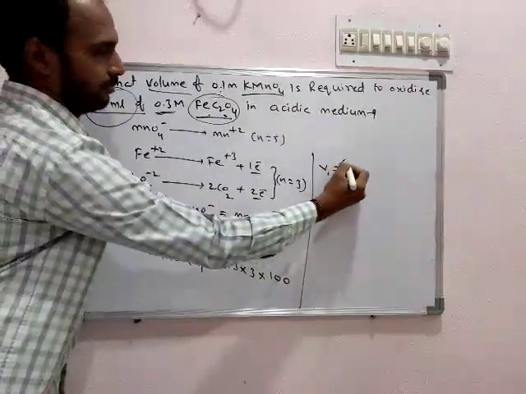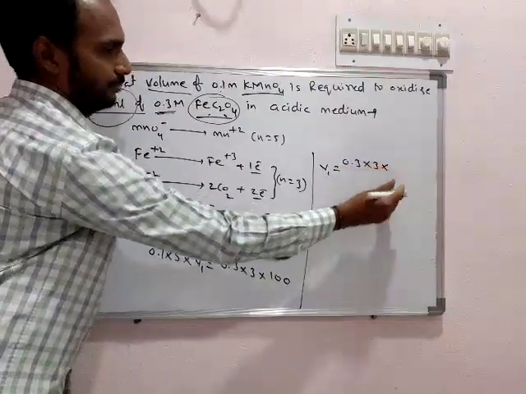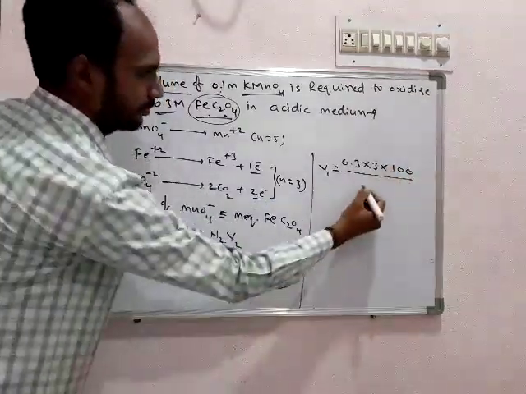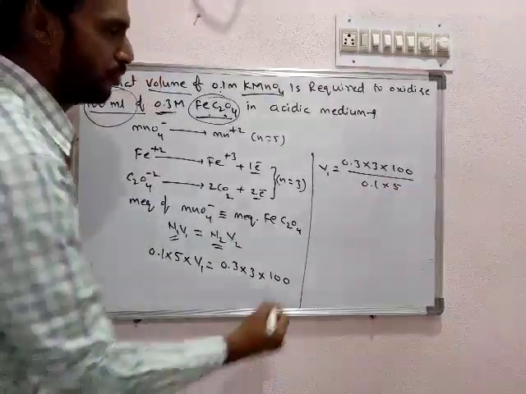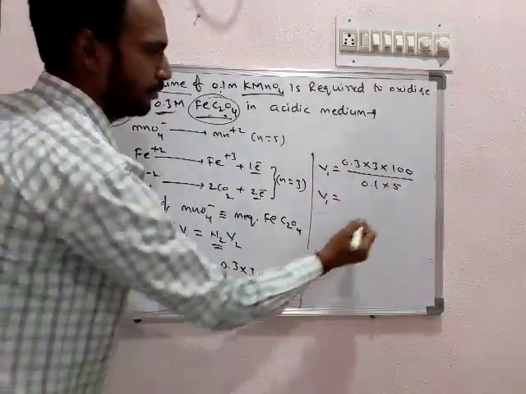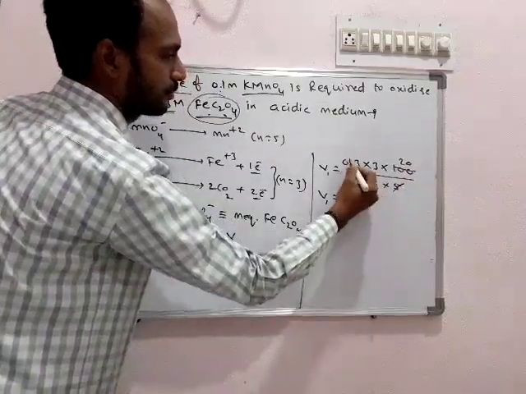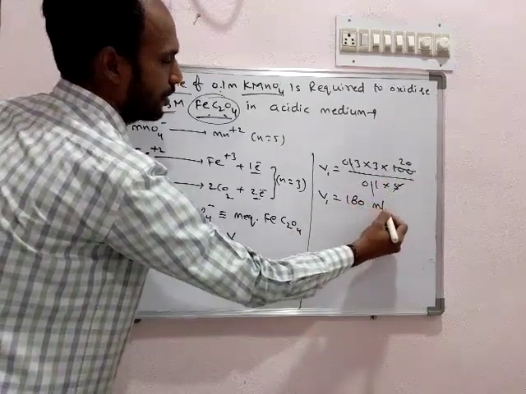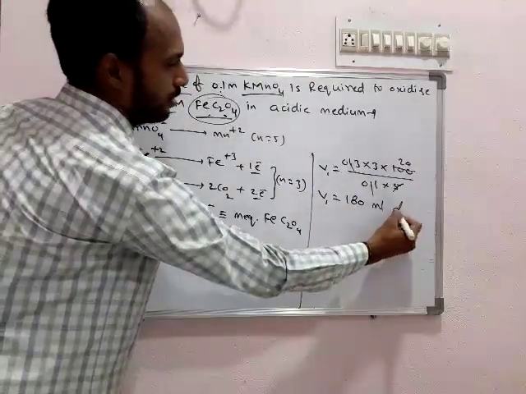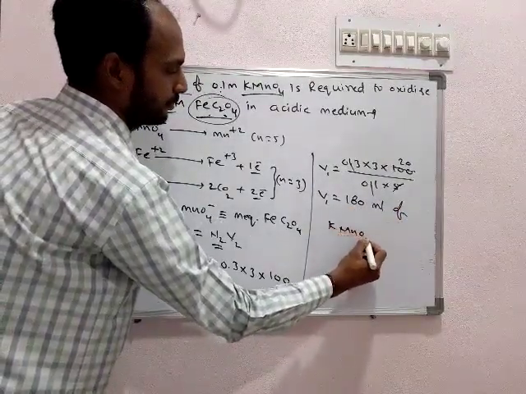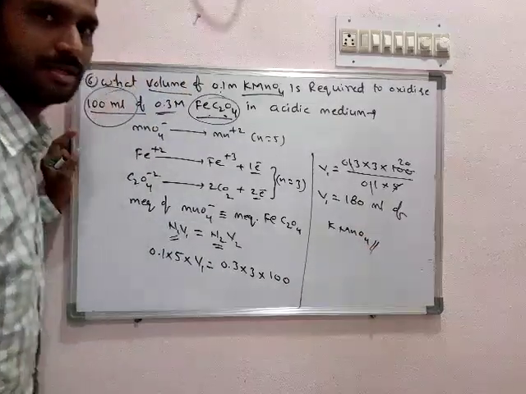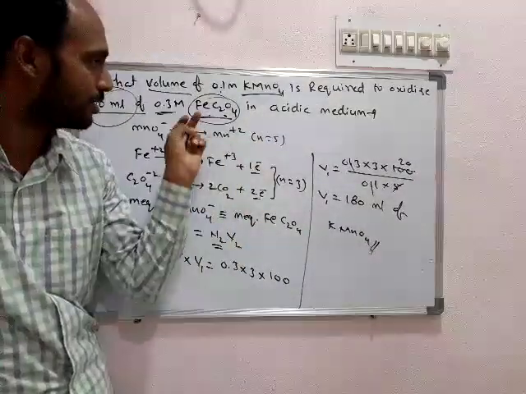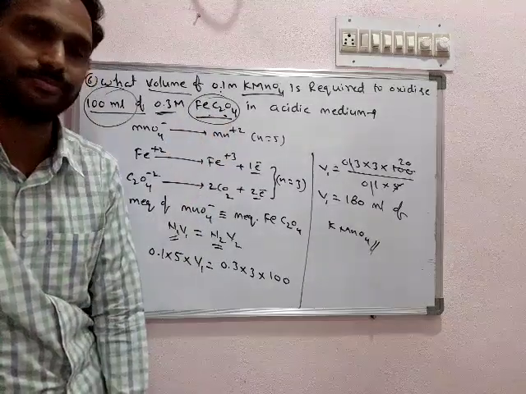Therefore V1 equals, and 1 into 5, so there is a requirement of 180 milliliter of potassium permanganate. 180 milliliter of potassium permanganate is required to totally oxidize the ferrous oxalate of 0.3 M.